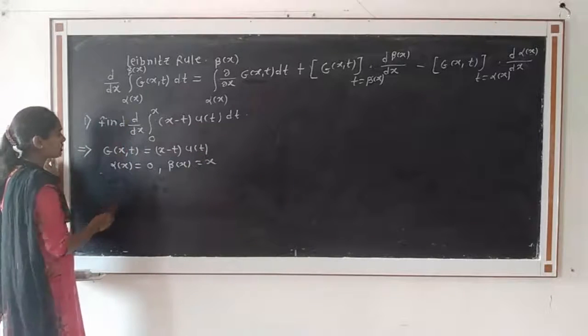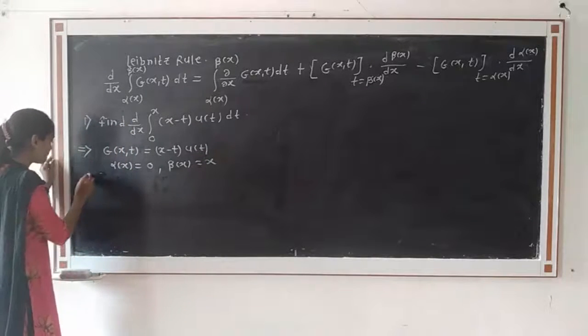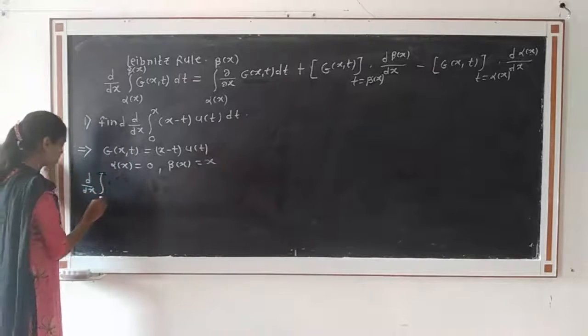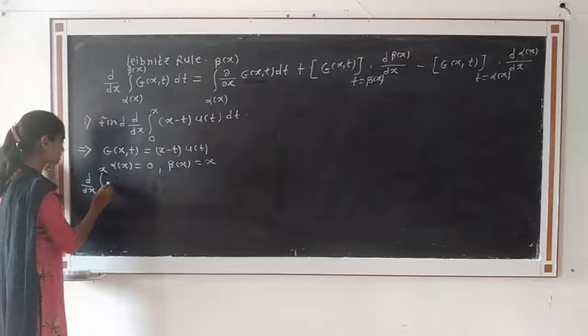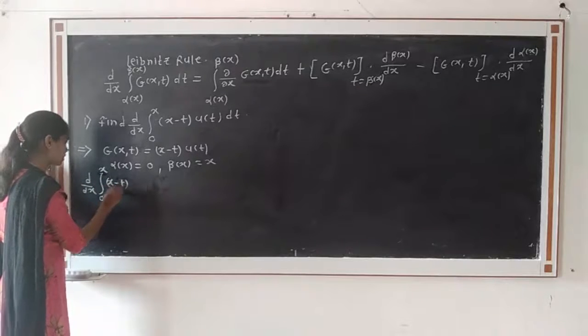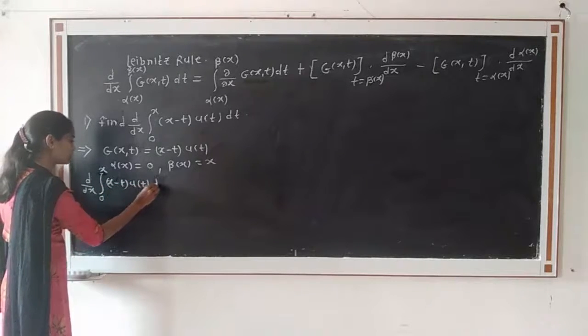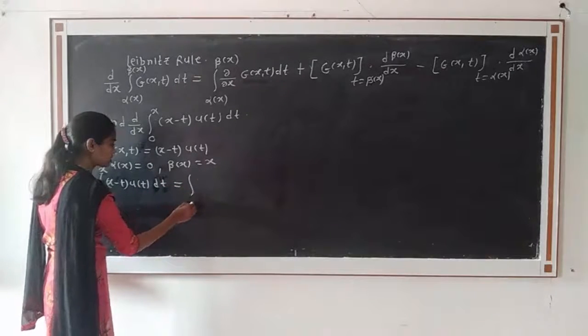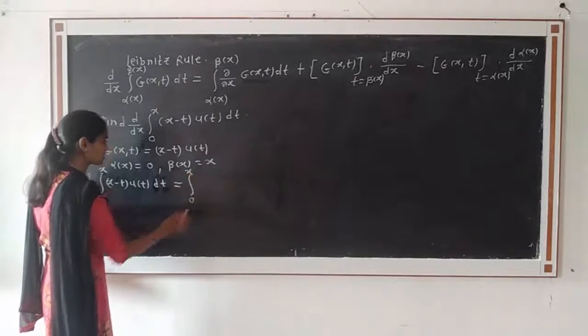Then we use the Leibniz rule: d by dx of the integral from 0 to x of (x minus t) into u of t dt is equal to the integral from 0 to x.